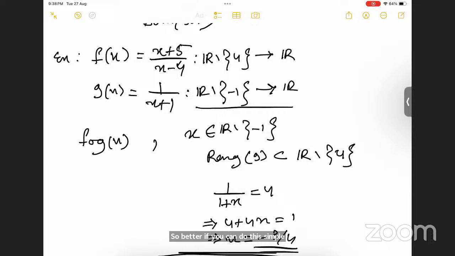If you have a simple function, then you can calculate the function and check the domain. If you have a difficult function, it will take so much time to calculate the function and then determine the domain. So it's better to do some logical steps and calculate the domain like this.